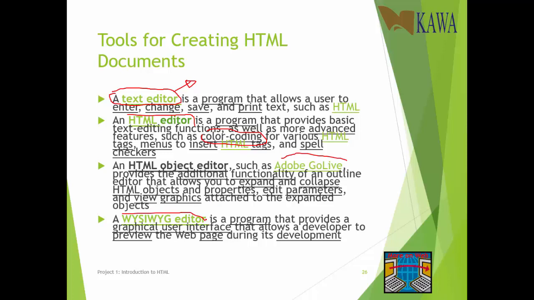However, WYSIWYG is a program that provides a graphical user interface that allows the developer to preview a web page during its development. It's based in a browser. We are going to look at that in detail.